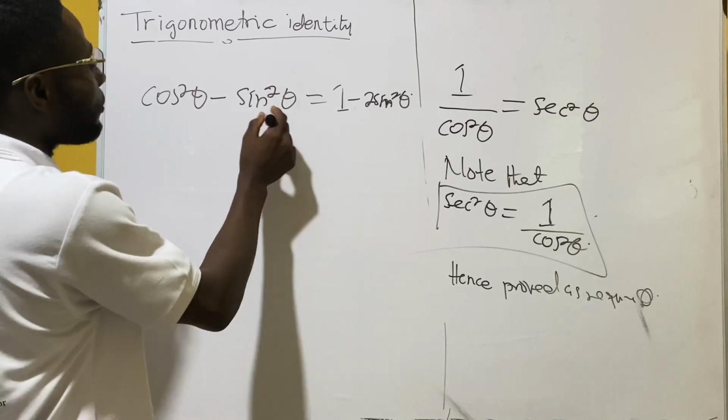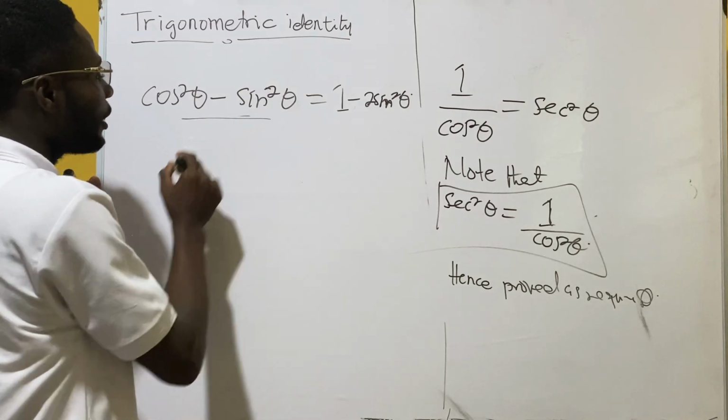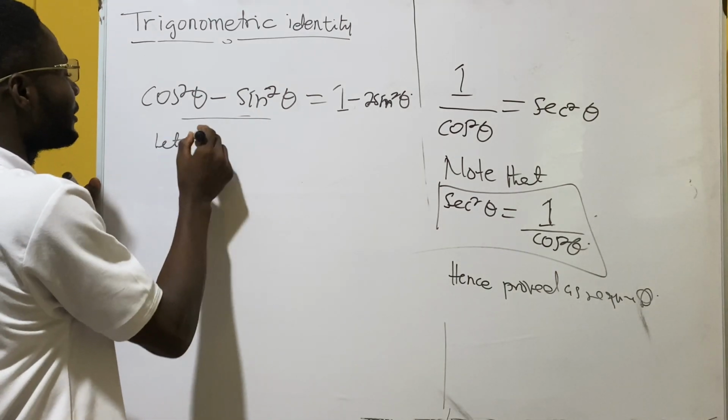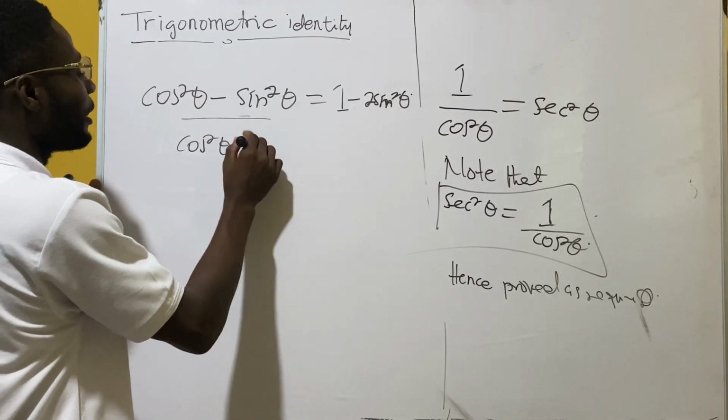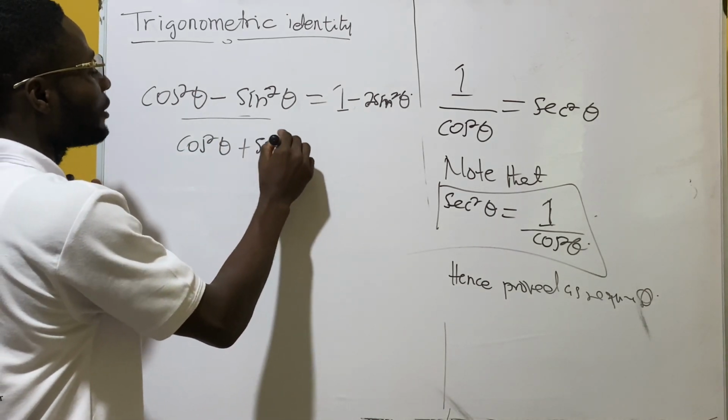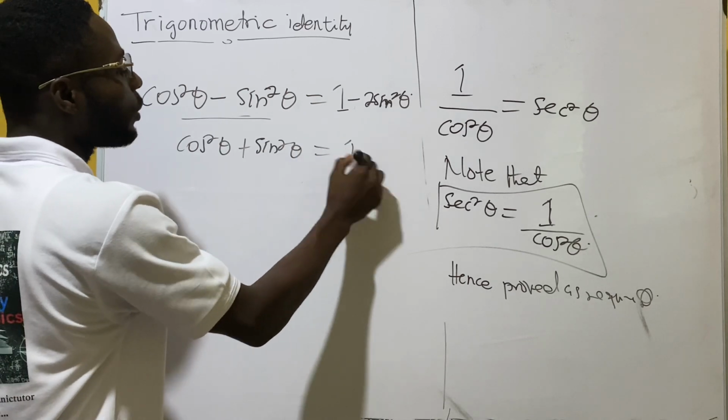So from here, cos squared theta plus sine squared theta is equal to 1.